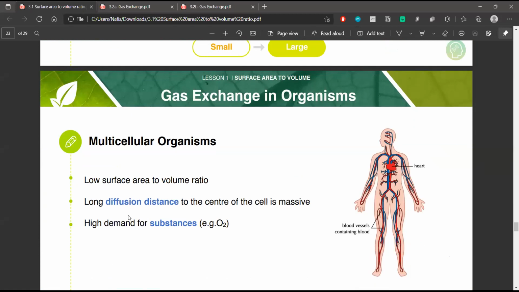They have a low surface area to volume ratio and a huge diffusion distance. Plus, they generally have a higher demand for substances because they're generally more metabolically active. If you think about the more complex processes that human cells need to do relative to animal cells, you'll realize that for context is quite an important point.